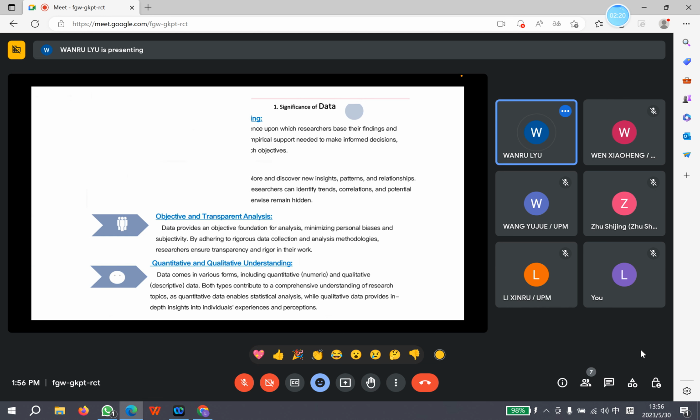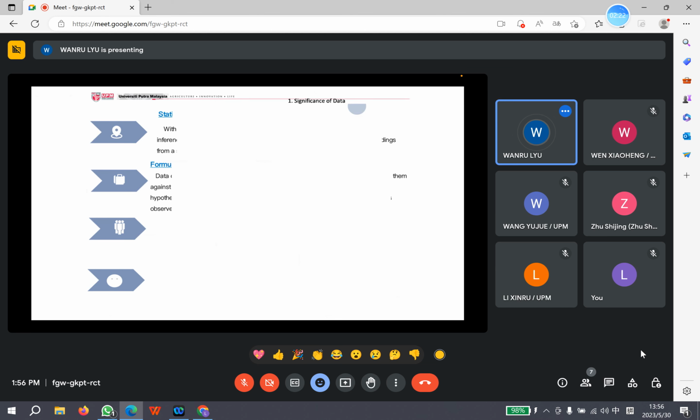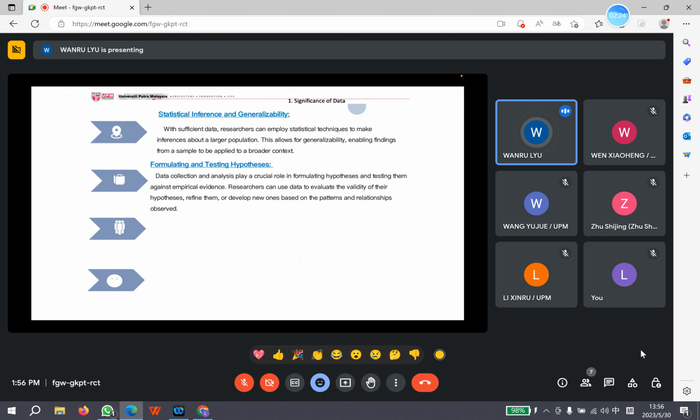And next, there are statistical inferences and generalizability. Referring to generalizability, as the former groups have talked about the pilot study, we can use the findings of a pilot study to generalize the findings of this kind of study to a larger scale of research.